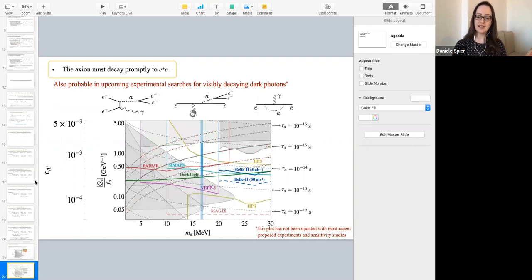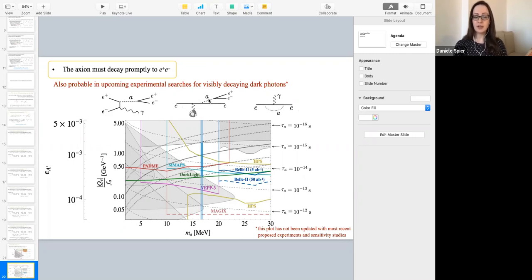Now, that is not to say that this is not going to be probed in the near future. Indeed, there's a very strong activity in the experimental community to search for visibly decaying dark photons in this mass range. And visibly decaying dark photons and axions are produced in the exact same processes. So for example, e+ e- can annihilate to an axion and a photon, and there are searches that are looking for this.